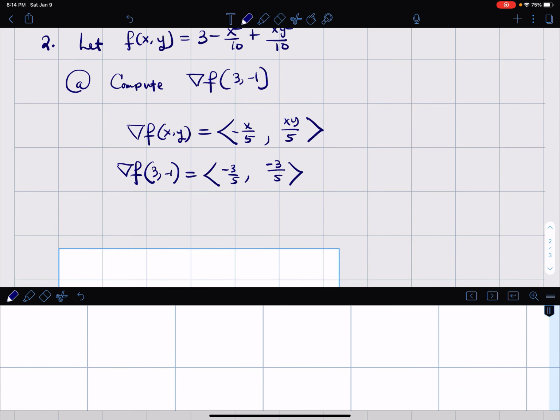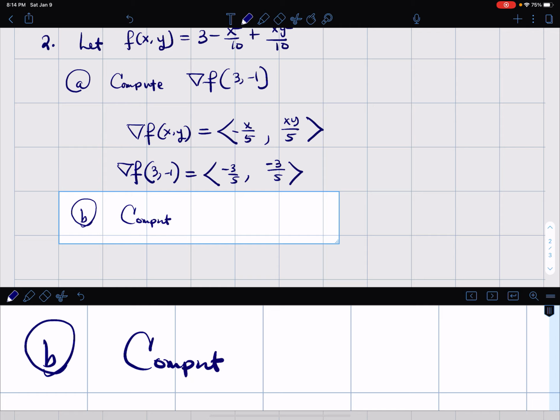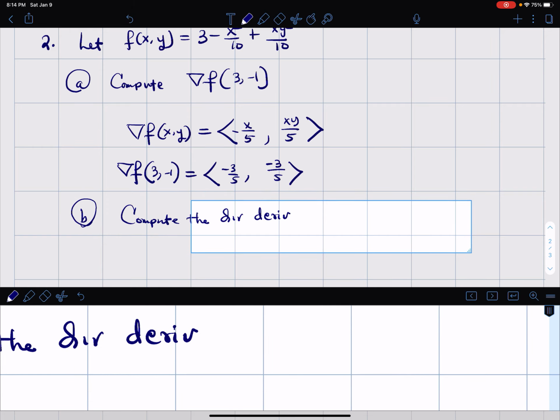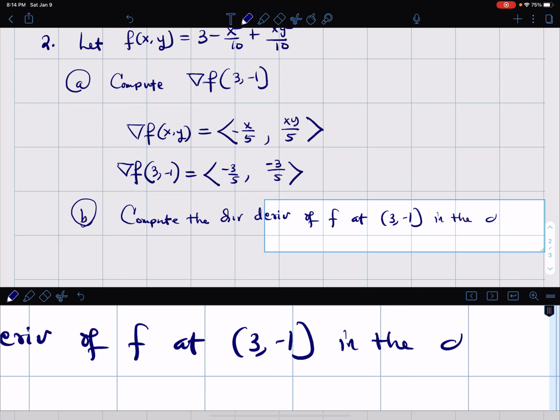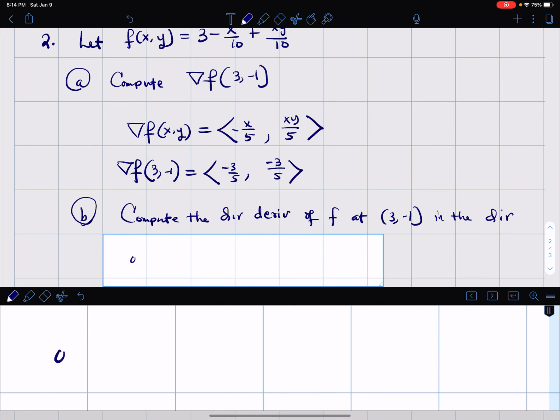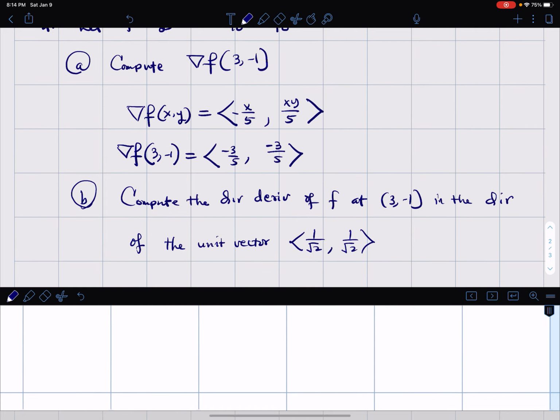Now, how about we compute the directional derivative of f at (3, −1) in the direction of the unit vector (1/√2, 1/√2).